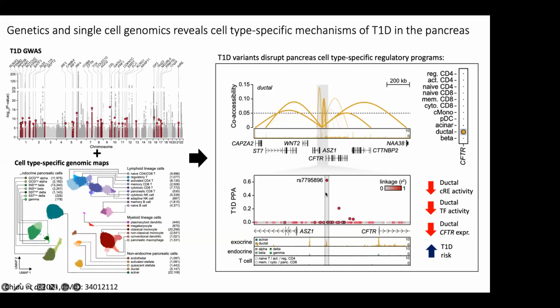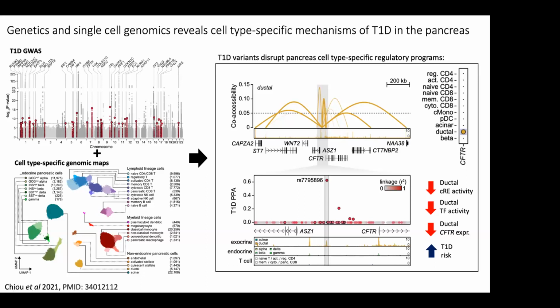There are risk variants for type 1 diabetes that map near the CFTR gene. CFTR is the cause of cystic fibrosis, which is also a major cause of diabetes, cystic fibrosis related diabetes, but had previously not been implicated in the development, as far as I'm aware, of type 1 diabetes. But these risk variants map in a non-coding region upstream of CFTR in regulatory elements that are active specifically in pancreatic ductal cells.